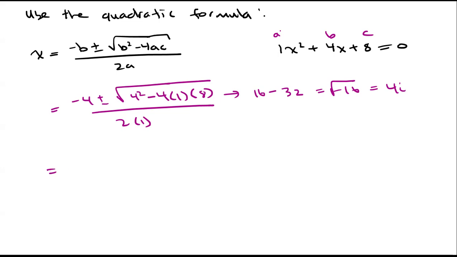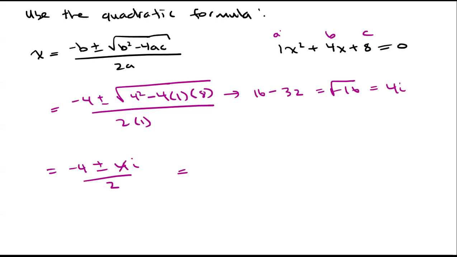So in this case, we're going to have negative 4 plus or minus 4i divided by 2. Now, I noticed that each of the terms has a factor of 2. I can only do this if each of my terms has a factor of 2.